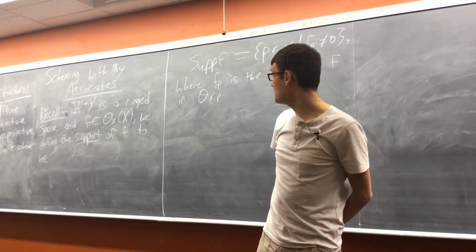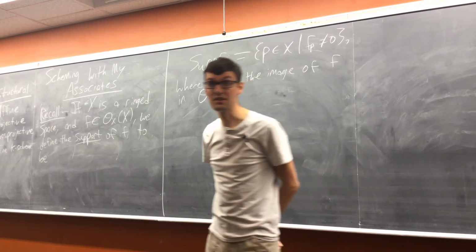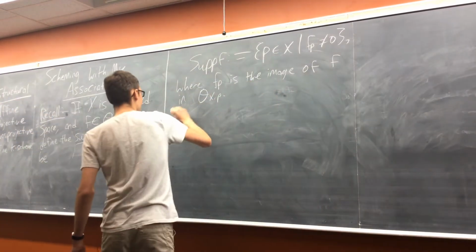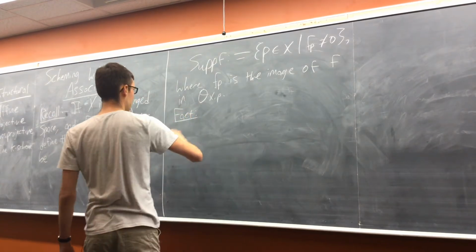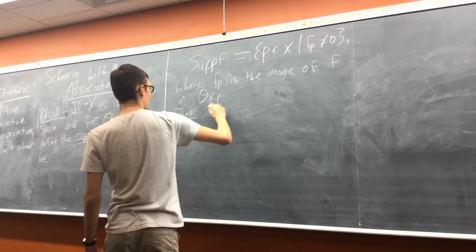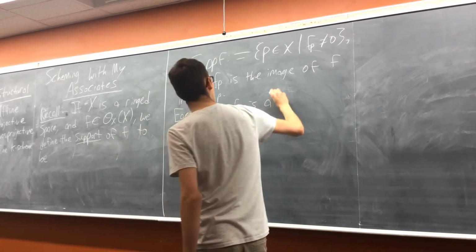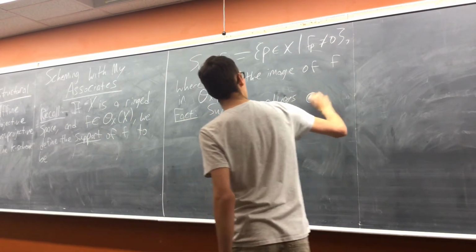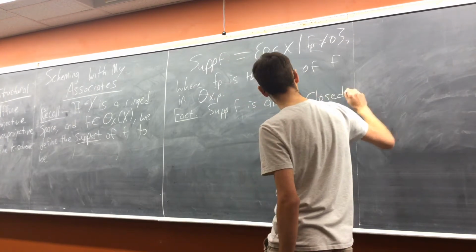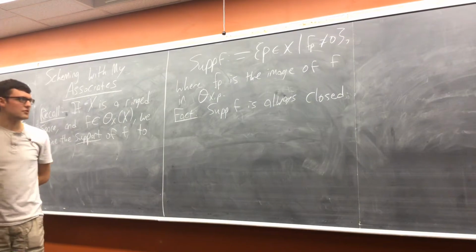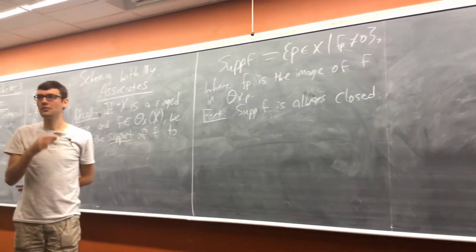Okay, so in particular this applies to schemes. And one fact we did, also from that deep dark past, is that the support of f is always closed. Just to give you a reminder of how that proof works, you show the complement of this thing is open.